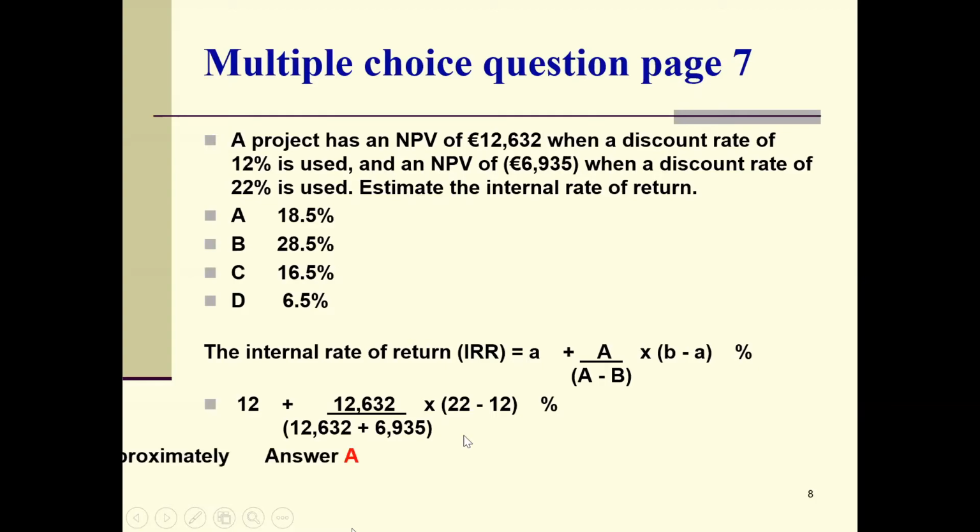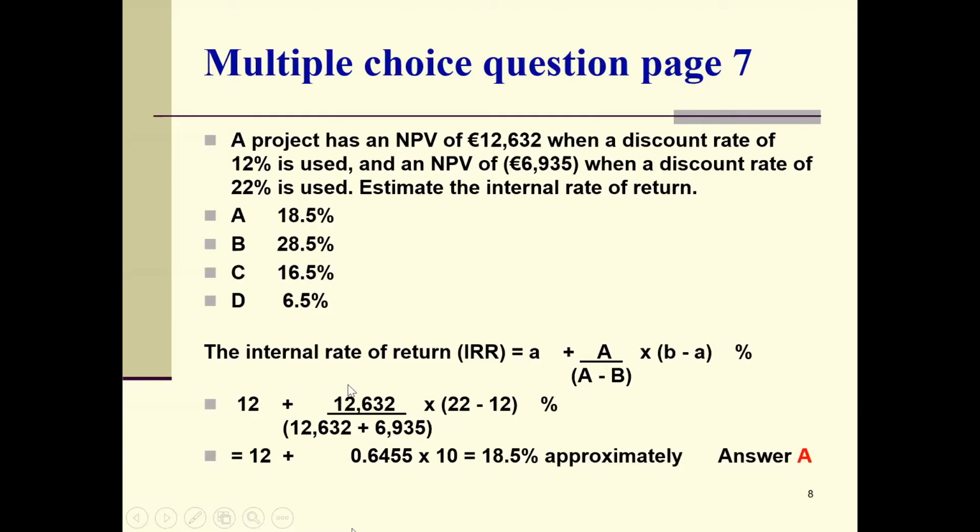If you do the maths and use your calculator appropriately, you'll get an answer here of about 0.65. 10 by 0.65 is 6.5. The last thing you do is add it to 12. So it's 12 plus a bunch of calculations. You end up at about 18.5, and there's your man.